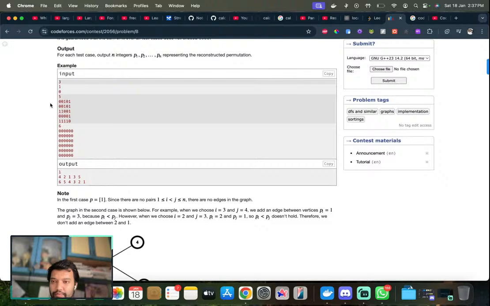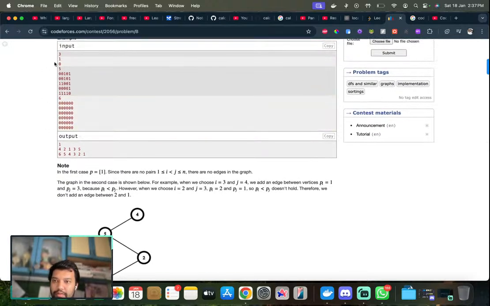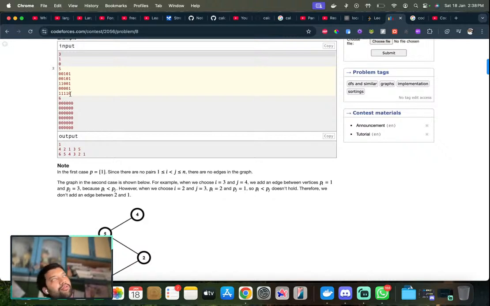So 1 to 3, 1 to 5. I count the upper portion of the graph and I'll do a topological sort on that. Yeah, that makes sense.